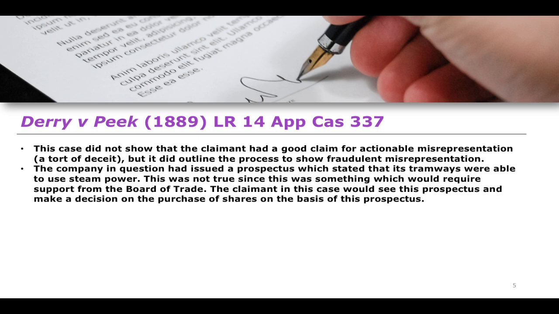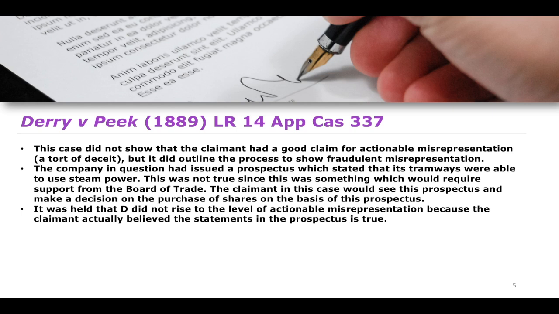The company in question had issued a prospectus which stated that its tramways were able to use steam power. This was not true, since this was something which would require support from the Board of Trade. The claimant in this case would see this prospectus and then, as a result, make a decision on the purchase of those shares on the basis of this prospectus, even though it was not true, since it would require support from the Board of Trade.